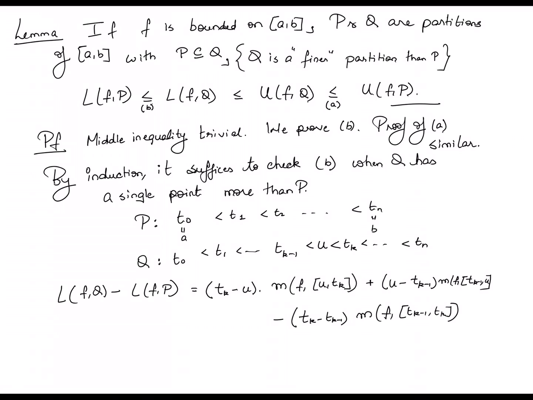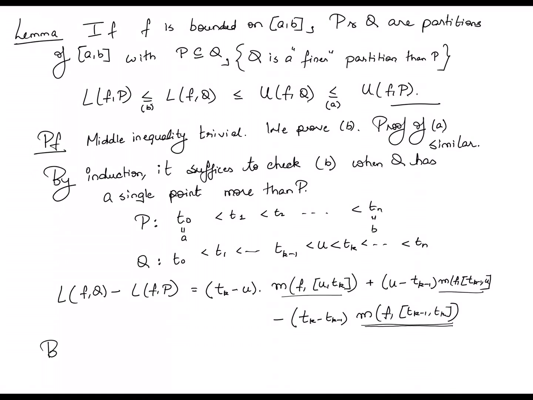But note that the infimum here is in fact over a larger, a superset interval as compared to the infimum here and here. In other words, the first of these infimums, that is the infimum over the overall subinterval t(k-1) to tk, is only going to be smaller than each of the remaining two, right? And that itself is all it needs for me to conclude that this difference is in fact going to be greater than or equal to 0, right?